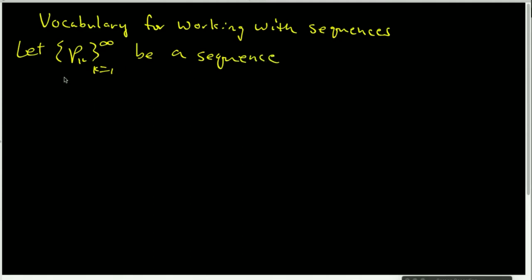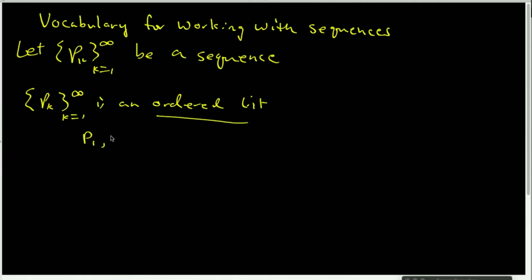And it's important to first of all notice that this notation refers to the ordered list that looks like P1, P2, P3, P4, P5, P6, and so on. This is an infinite ordered list.